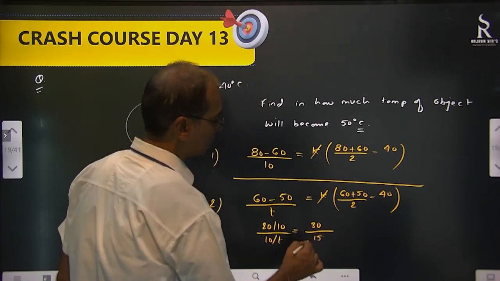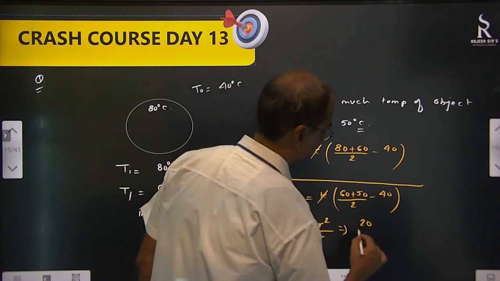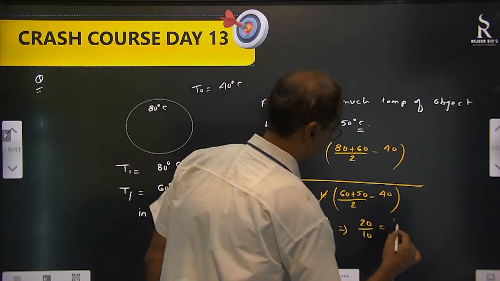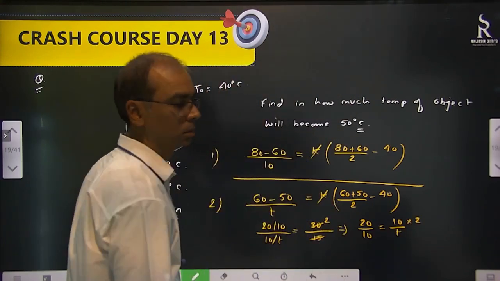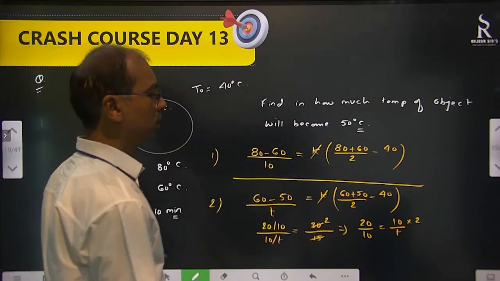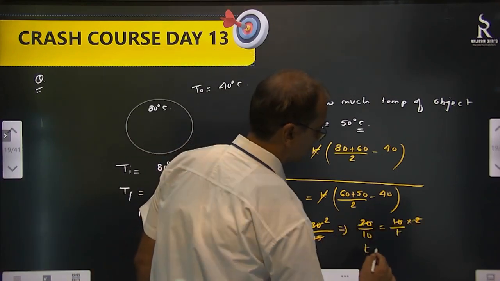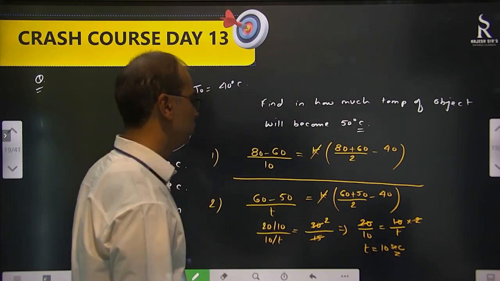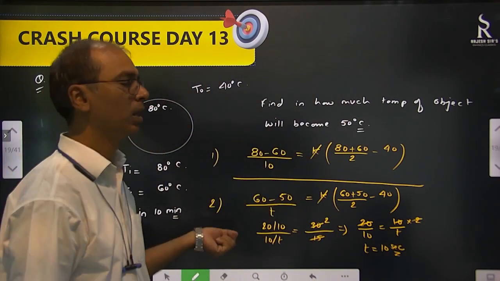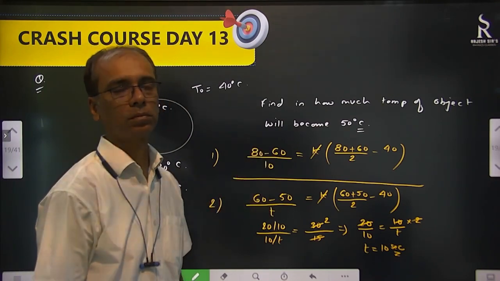So this is 2. So 20 by 10 equals 10 by t into 2. This is 20 and this is also 20, so t equals 10 minutes. So further 10 minutes, its temperature is going to decrease by 10 degrees centigrade. First 10 minutes it decreased by 20, now it's going to decrease by 10.